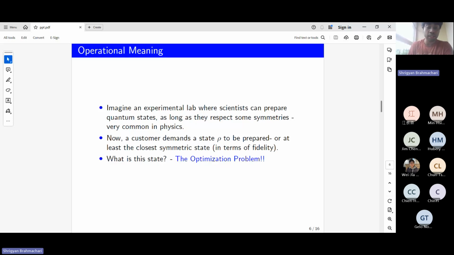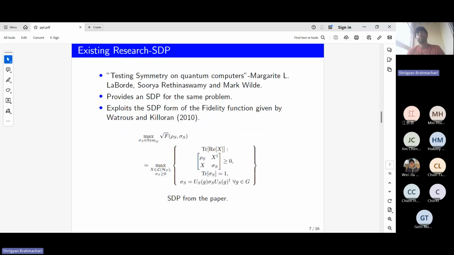Later on, we found out that this particular problem has been studied separately as well. In a paper by Mark Wilde and his PhD students called Testing Symmetry on Quantum Computers, they studied this particular problem amongst two or three other similar symmetry-based fidelity functions. They provided an SDP for the same problem. This is not too relevant for what I'm going to talk about, but I'll tell you a bit about it.